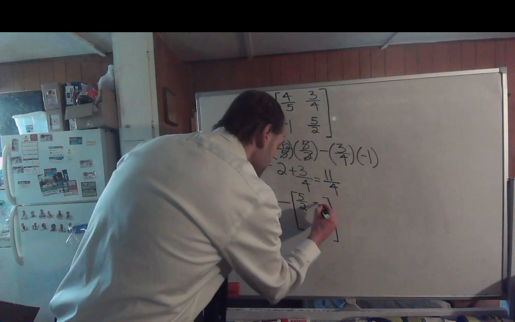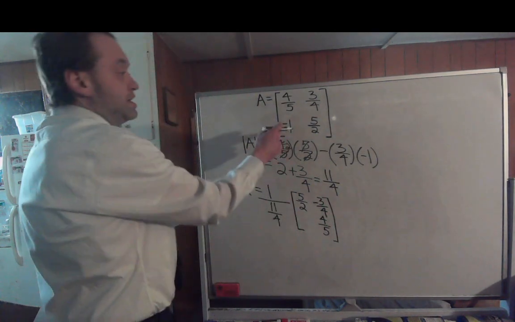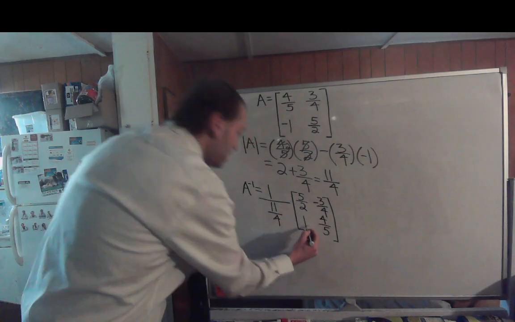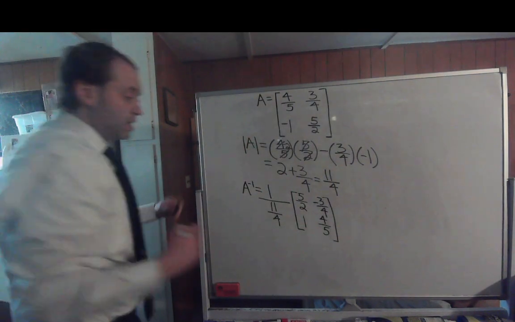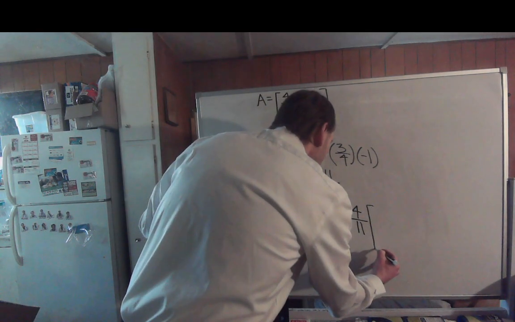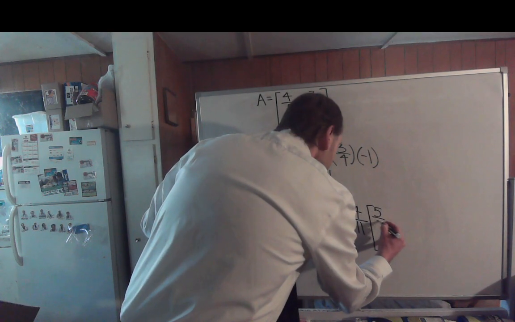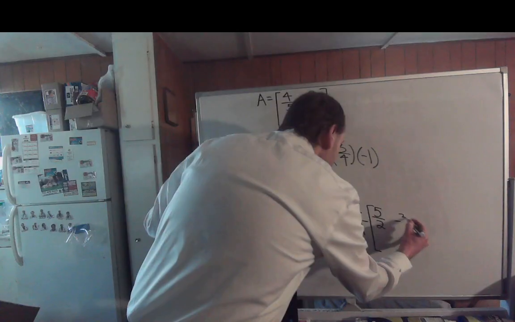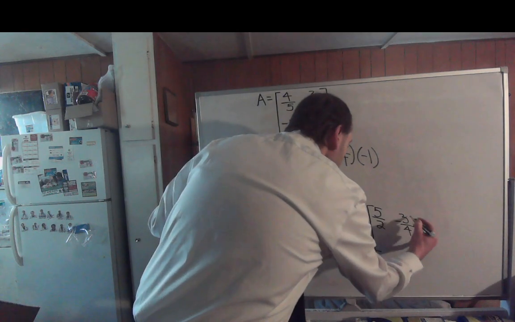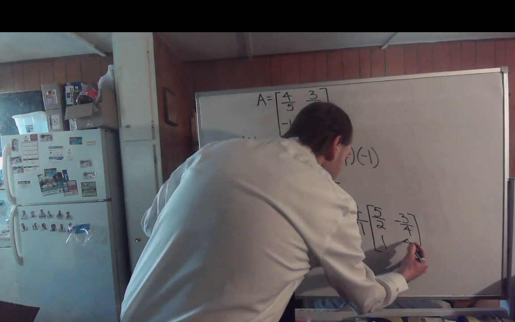So this would become -3/4, and then negate the -1, that becomes +1. Well, 1 over 11/4 is going to turn into 4/11 as your scale factor, and then just multiply it by this matrix of 5/2, -3/4, and then 1, and then 4/5.